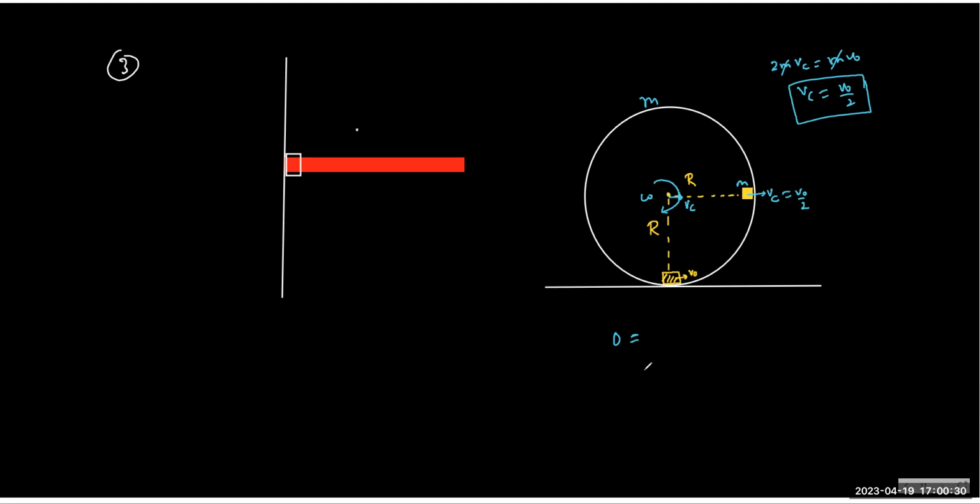If you assume that both the hoop and the mass come to rest, then it will violate momentum conservation, for sure.